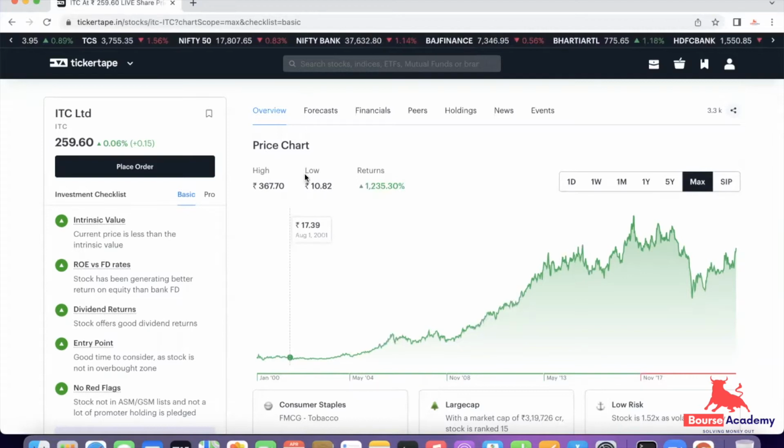The minimum price of the stock of ITC on the current valuation is 10 rupees 82 paise. Meaning, in the worst case, the valuation that has come for the ITC share, as you can see on your screen, is 10 rupees 82 paise. This is a very important phenomenon which I wanted all of you to understand.